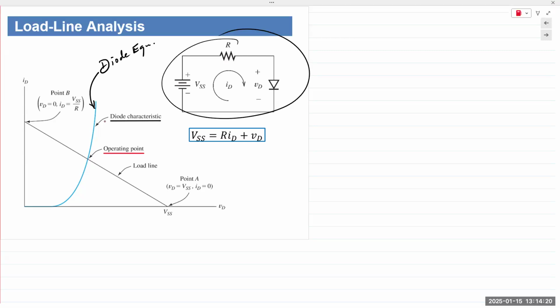So the solution of those two equations gives us the value for diode voltage and diode current.